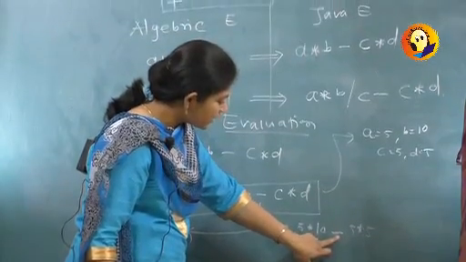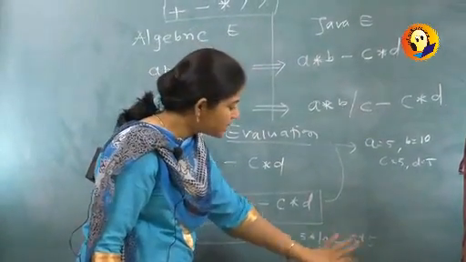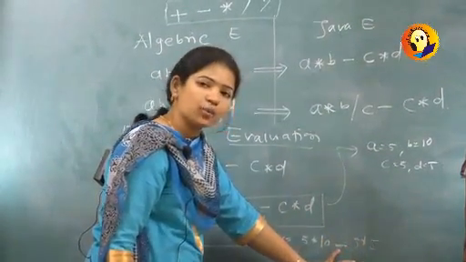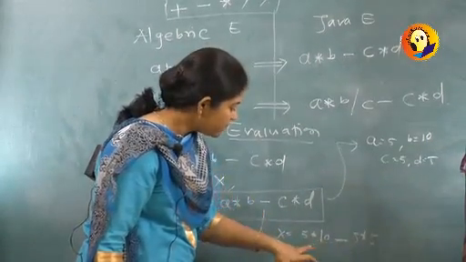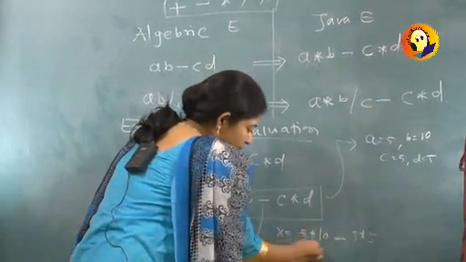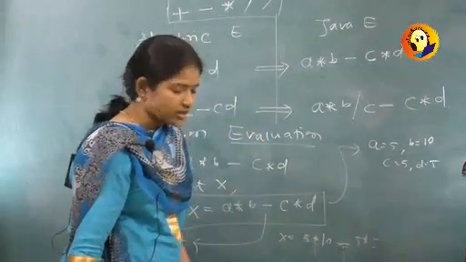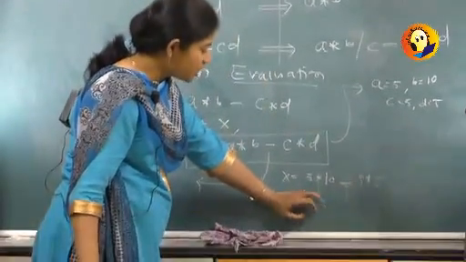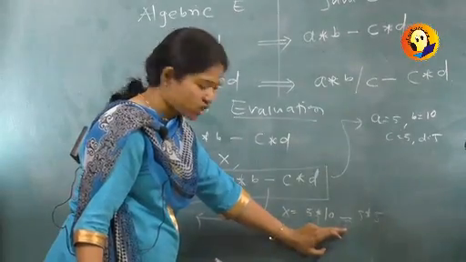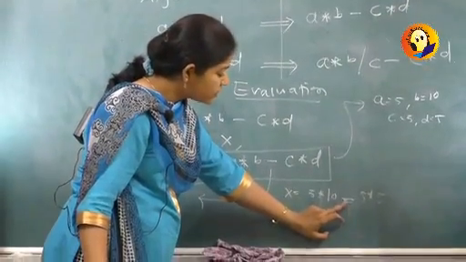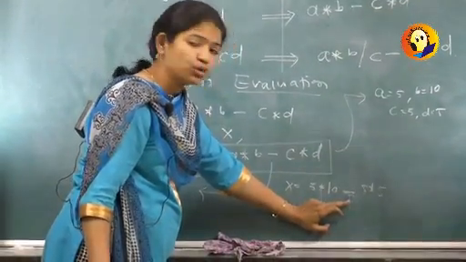I need to decide which operation to do first and which operator to perform second. I need to make a decision between multiplication and subtraction: which operation should I do first?